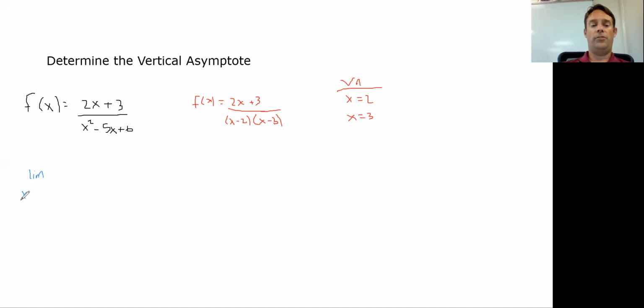What if I were to take 2? And it doesn't matter. You can call it the negative side. You can call it the positive side. It doesn't matter. And I were to evaluate the function at that limit.